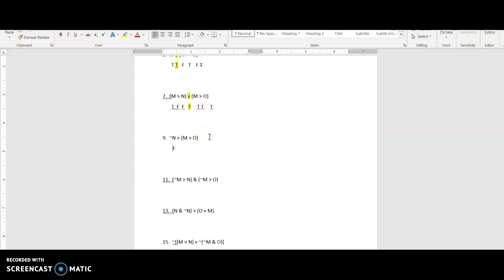N we know is false, so that means not N is true because the negation flips the truth value. So our antecedent here is true. Cross that off.